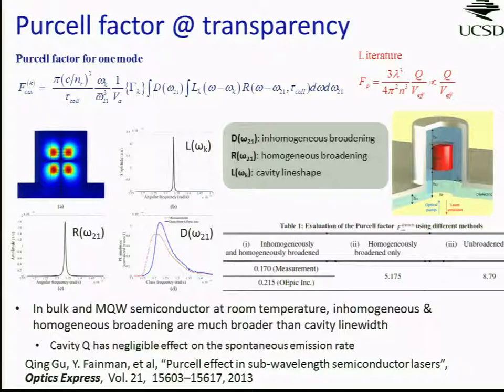So we did this analysis and calculated our own estimates using this formula in this Nature Photonics paper, which we estimated in the supplementary material to be around 8. When we did a more rigorous calculation, we ended up around 0.2. So that's not very impressive.